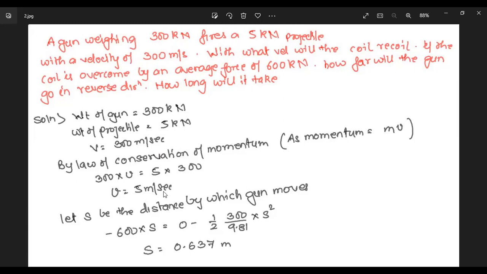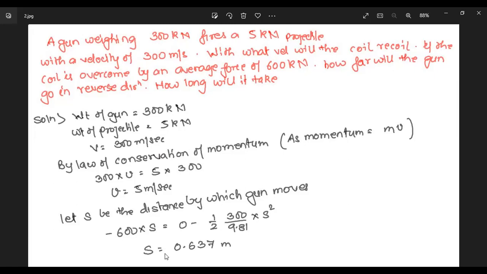Now, with this velocity, let us calculate the distance traveled. So the distance traveled is minus 600 into S. Minus 600 means overcome by an average force of 600 kilonewton, is equal to u0 minus half a t square. Here, half g t square, so 300 divided by 9.81 multiplied by s square.